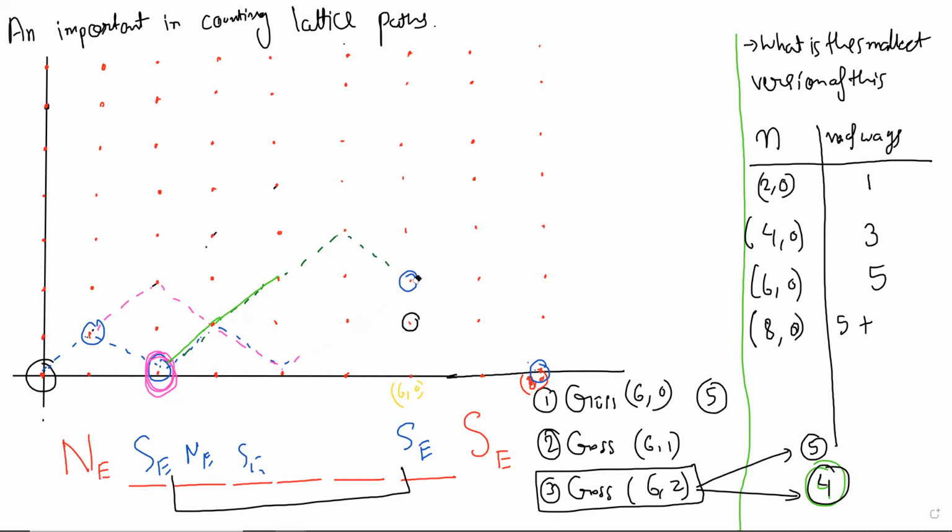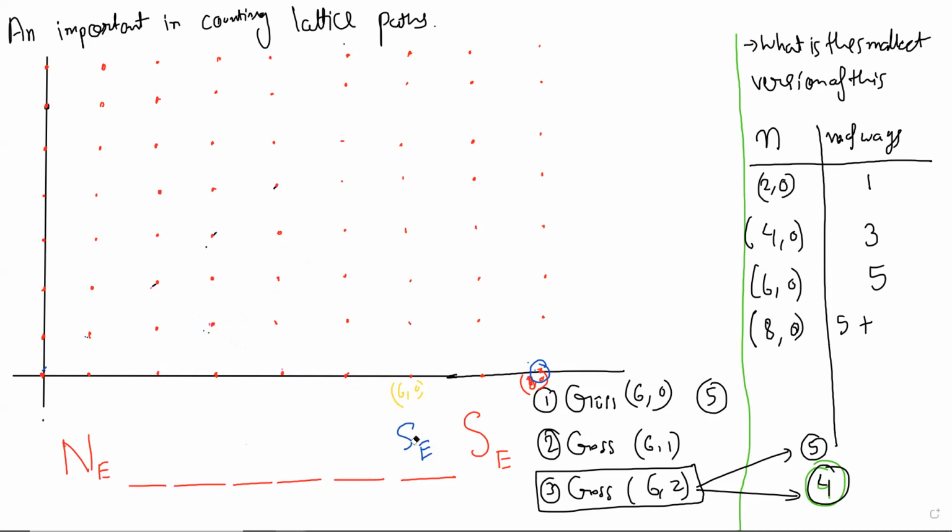Now let us come to the other case where we want to pass through 6,1. Has anybody already done that? Let's see. 6,1, how to do? How many ways are there? So yeah, the last case we want to do.